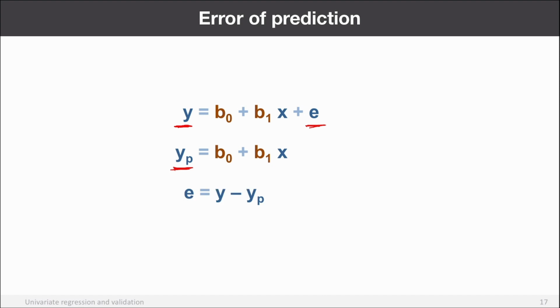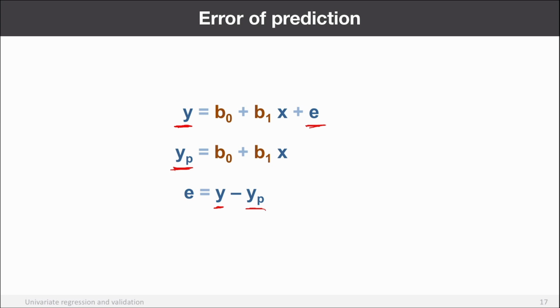And then let's get back to these two notations that I used so far. This is y, the real reference values that you measure. And here you have residuals. And here yp is what you predict. Not what you measure, but what you predict, right? Now you can define clearly what the error of prediction is. It's a simple difference between these two. So E is the simple difference between the real measured y value and the predicted one.